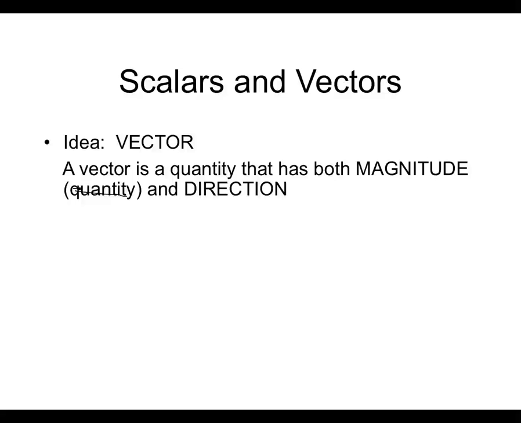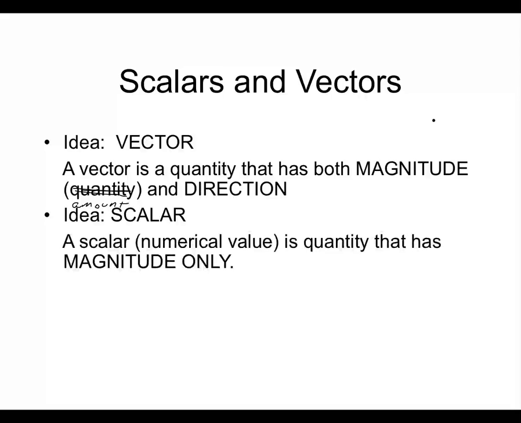This shouldn't say quantity, it should say amount. This quantity has magnitude, a value to it, but it also has a direction associated with it. We call that a vector. So a vector is a quantity that has both magnitude, or amount, and also direction. And a scalar would just be a numerical value, with no direction associated with it.